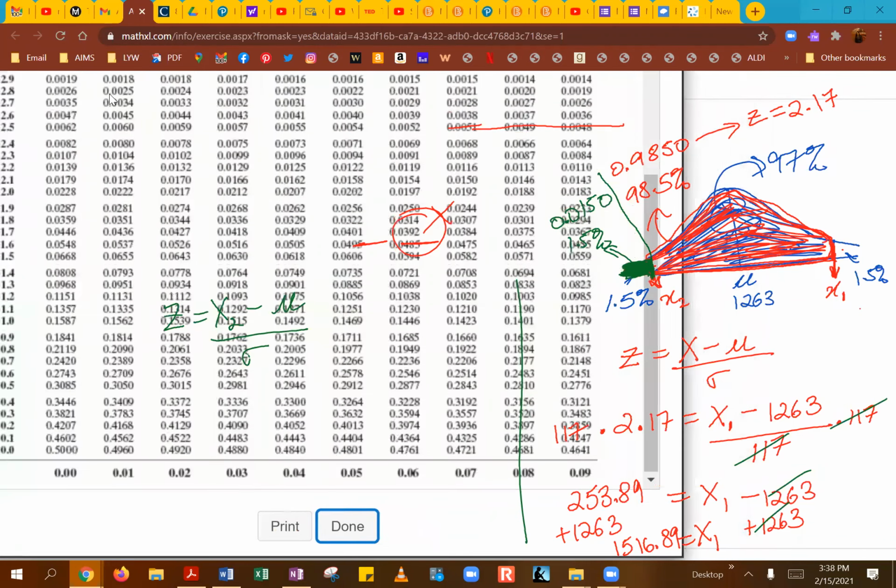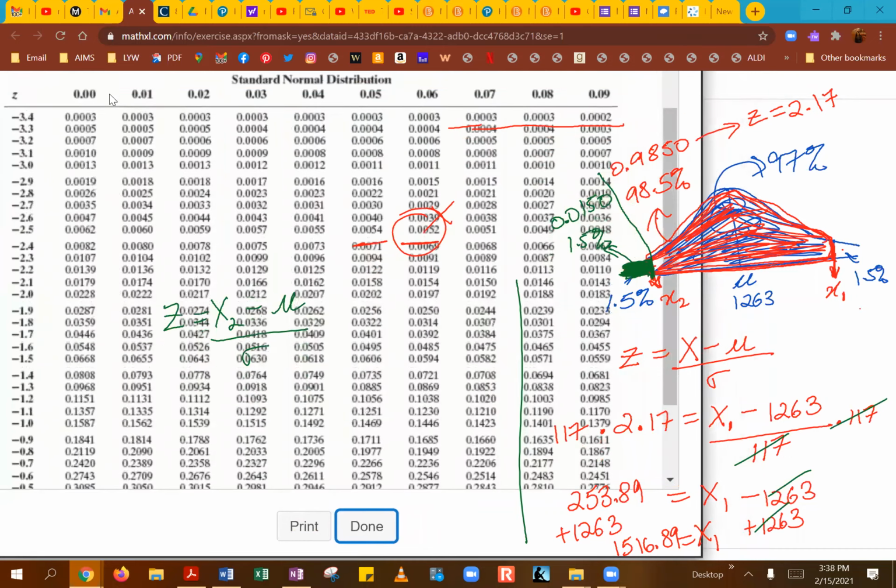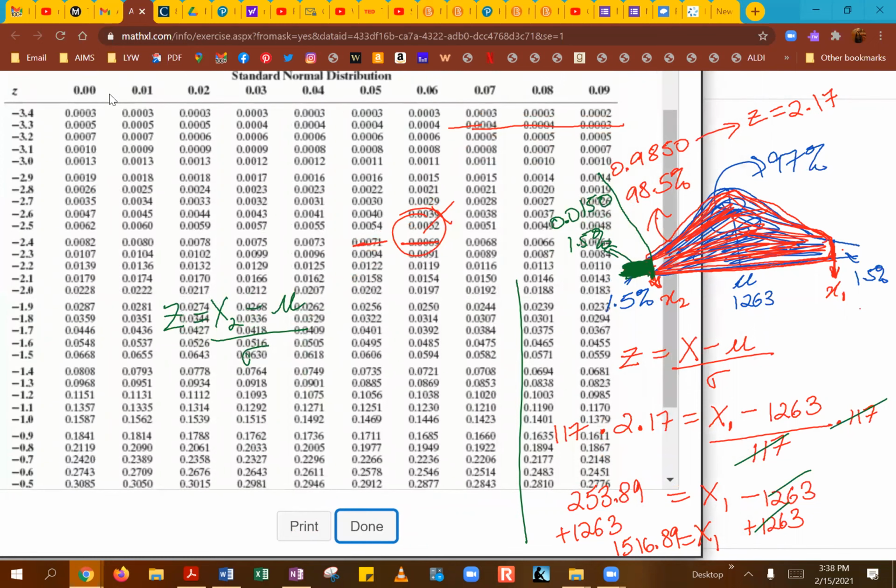Okay, so I know it might be a little bit harder to see, but I'm looking for 0.0150, and I actually can find it right over here. You can see this guy corresponds to a z-score of -2.1, and my second decimal is 0.07.